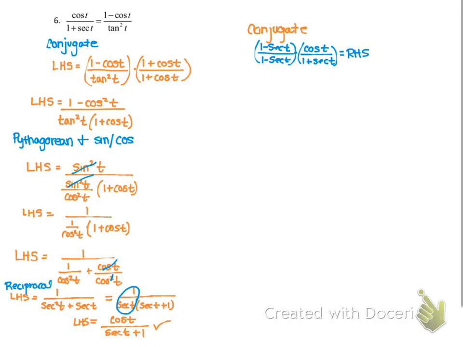So then I'm going to distribute. I'm going to multiply the top and the bottom. And I'm going to have cosine t minus secant t times cosine t all over 1 minus secant squared.